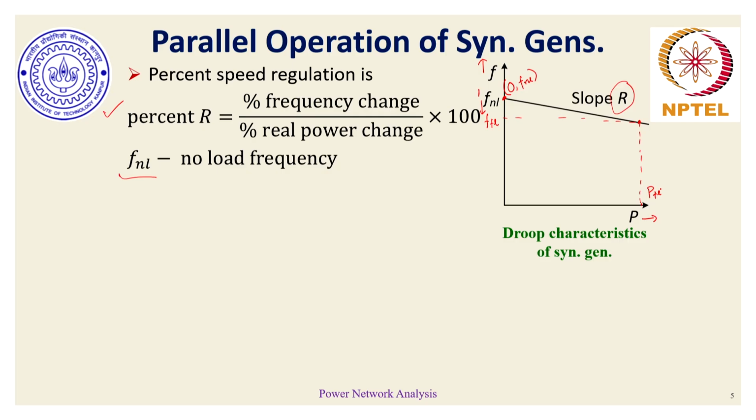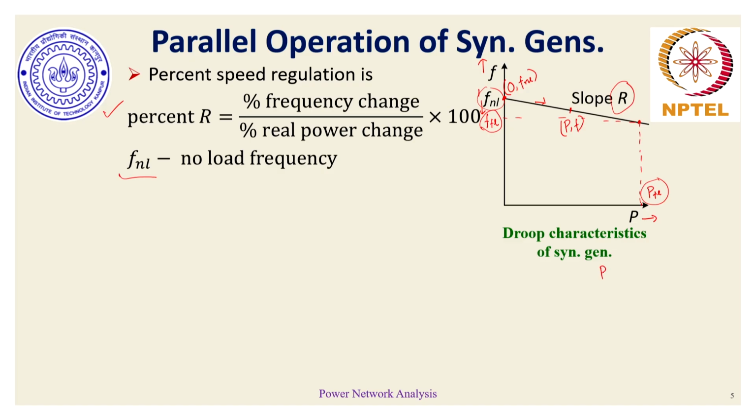Since we are assuming a linear characteristic for this droop operation or speed governor operation, if I have to try to find the equation of this particular straight line as shown over here in terms of full load frequency, no load frequency, full load power, then it's pretty straightforward. If I take any general point, which is P comma F, which are unknowns, P and F refer to the unknown point on this linear curve.